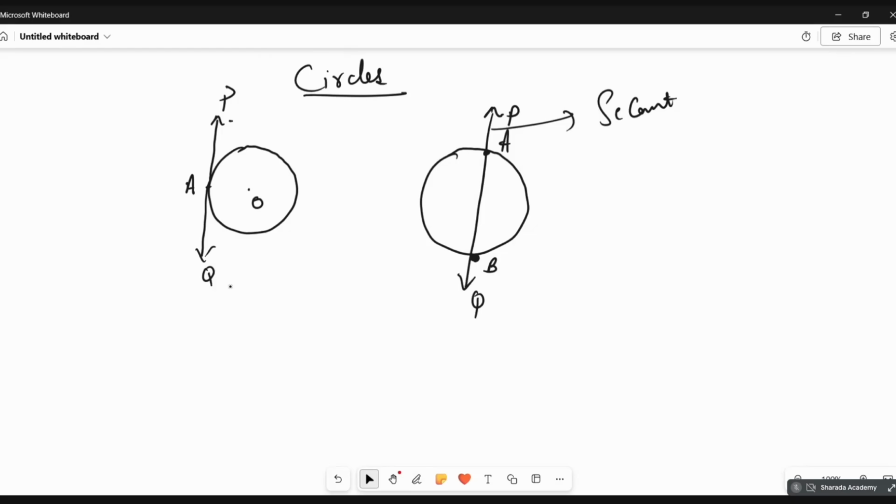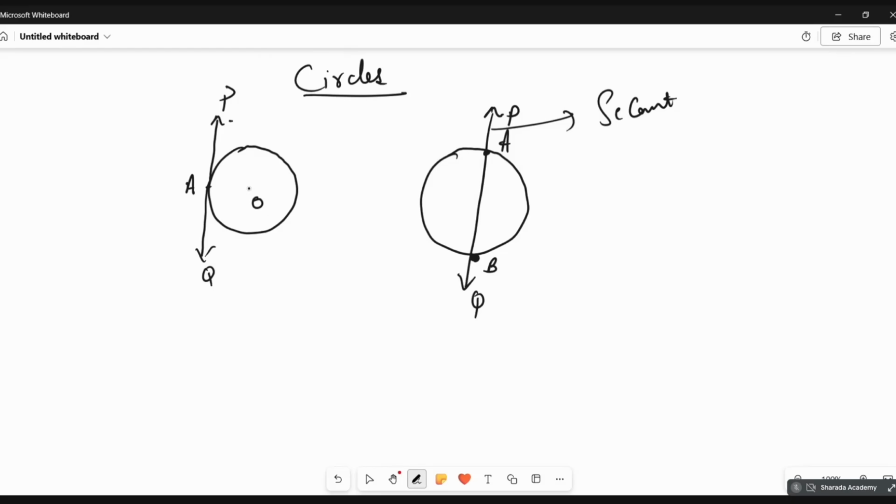So it is called a tangent to the circle. In this whole chapter, we will study mainly the tangent of the circle and problems related to that.